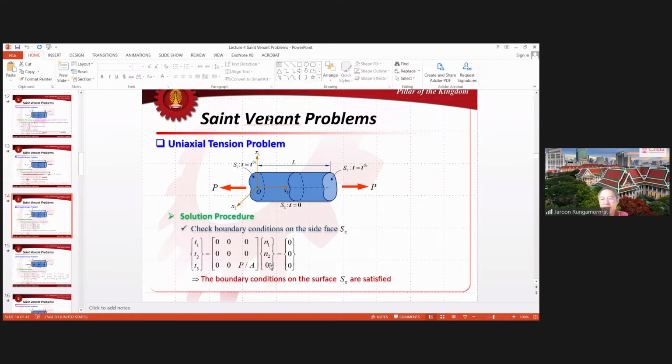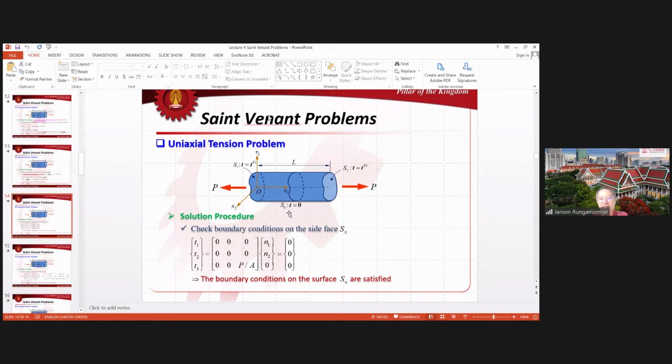The third component is 0 because the body is a cylinder, right? So the cross sections normal to the axis of the cylinder are always identical. That implies that n3 has to be 0. So we can see easily that when we multiply the guessed stress field with the unit normal vector, we always get the 0 vector, right?